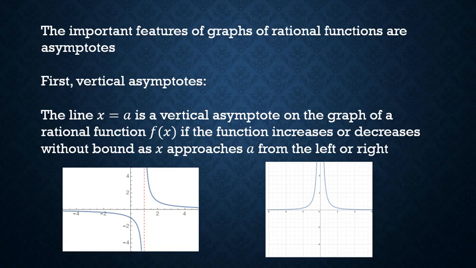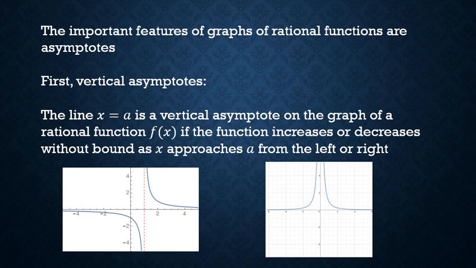The function goes to negative infinity or goes to positive infinity as x approaches a from the left or from the right-hand side. The function does not have to do the same thing. It does not have to increase without bound from the left and from the right.